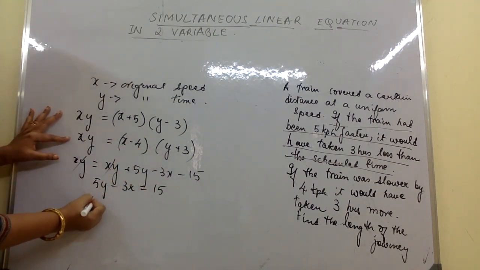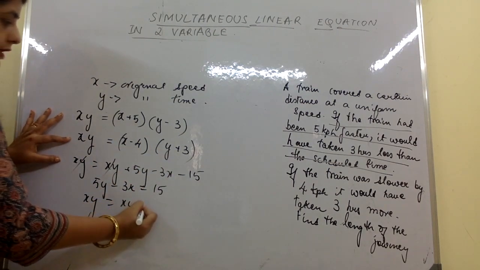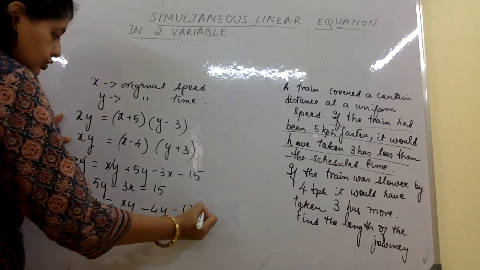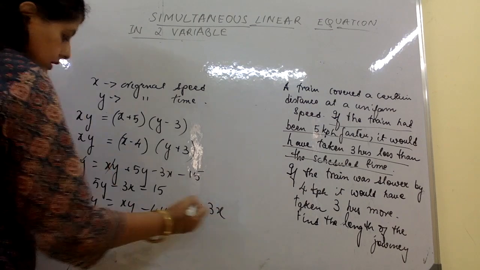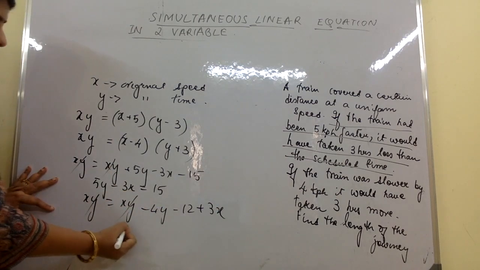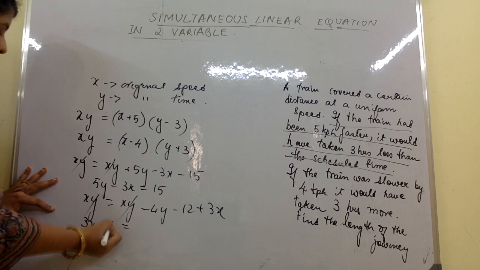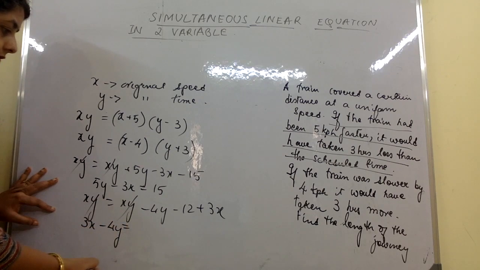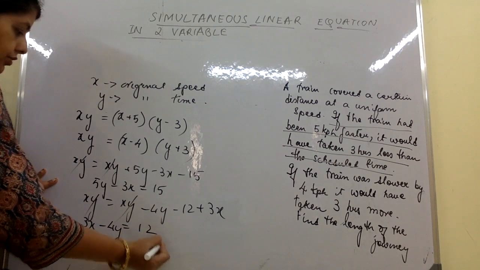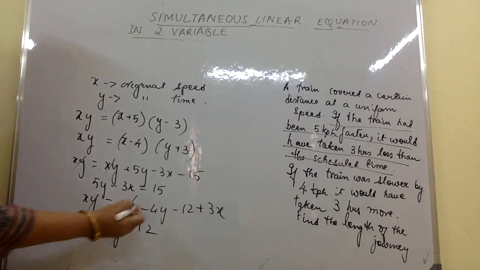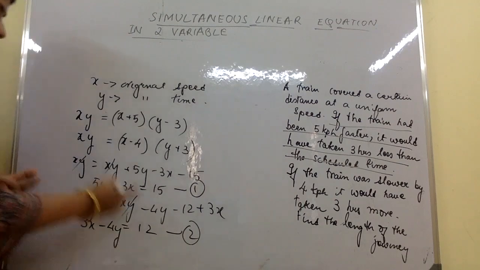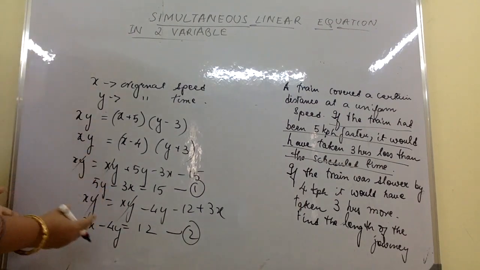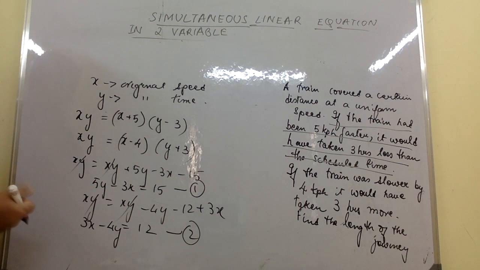Come to this, xy is xy minus 4y minus 12, and this is plus 3x. Now this goes. Okay, so 3x minus 4y is equal to 12. So here is my equation 1 and this is my equation 2. Okay, I am going to solve these two equations.